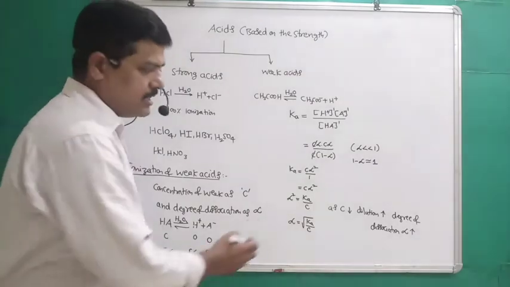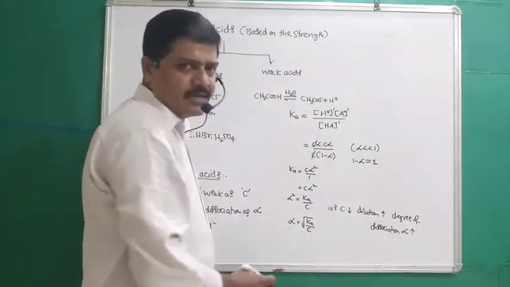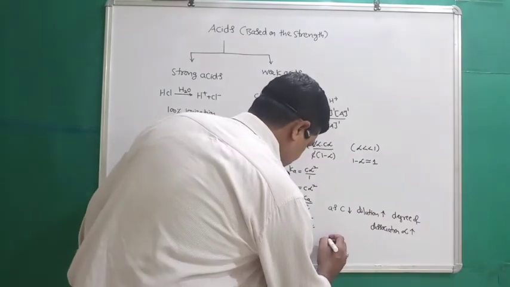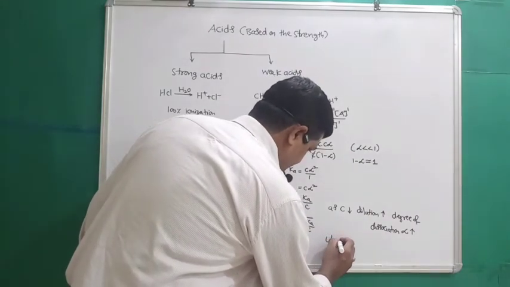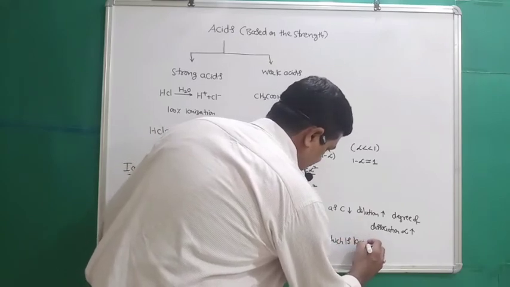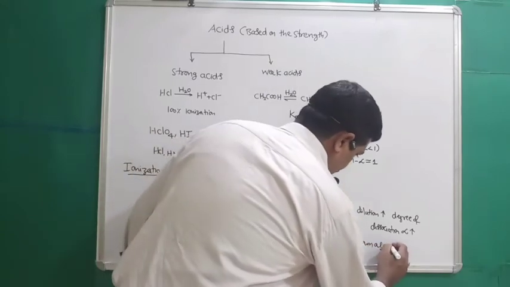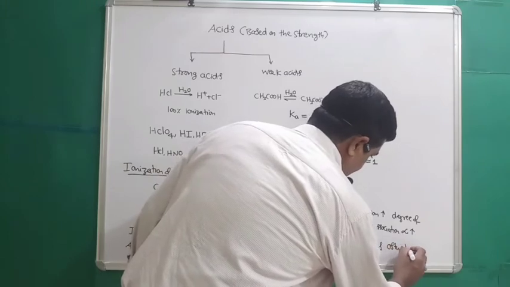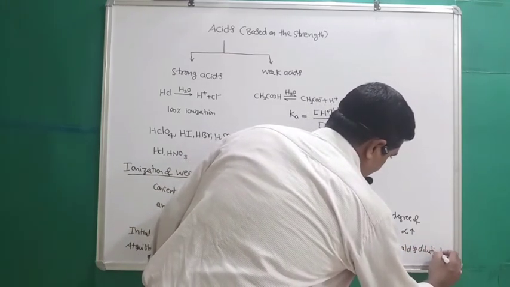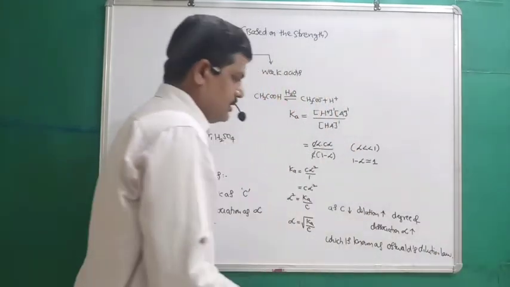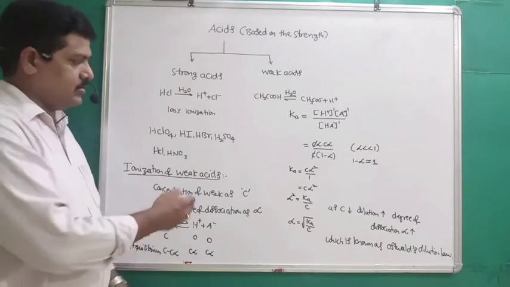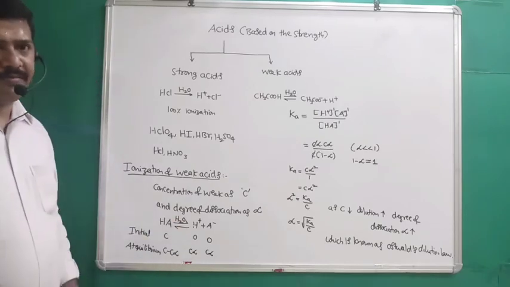As the concentration decreases, dilution increases, and the degree of dissociation, alpha, increases, which is known as Ostwald's dilution law. Students, next we will derive the formula to calculate the pH for the weak acid.